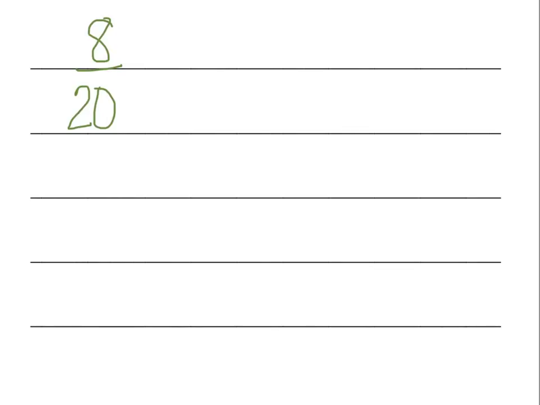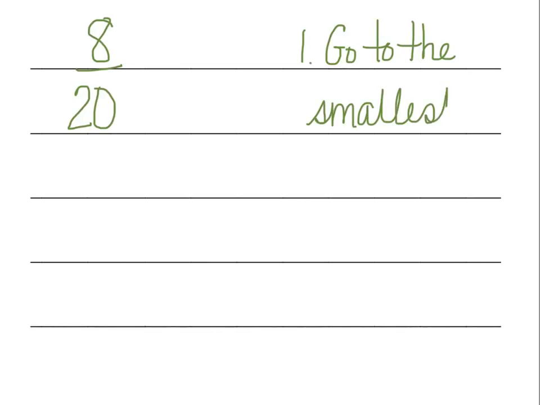If you have a fraction, step number 1 is go to the smallest number in your fraction. Now usually it's going to be the numerator, but not always. So don't put down go to the numerator. You got to go to the smallest number.